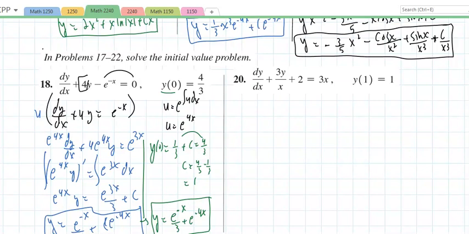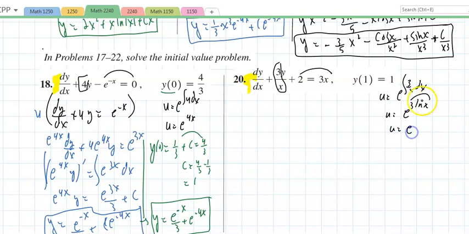And the same deal, I look at this, again, make sure that that is a 1. That is a 1. So I'll move the 2 over, and I notice it's 3 over x. If I let u equal e to the integral of 3 over x dx, u is going to equal e to the 3 natural log of x. u is going to equal e to the natural log of x cubed, which is x cubed.